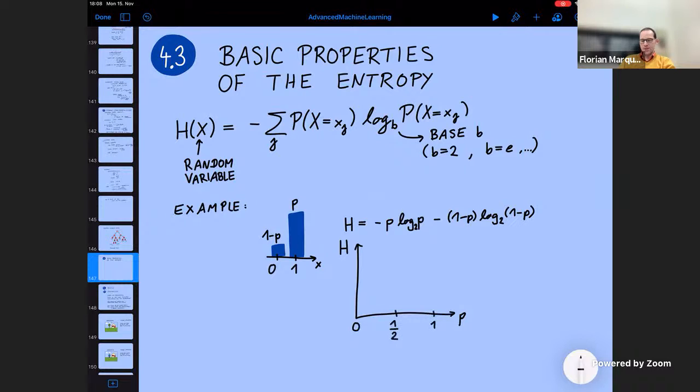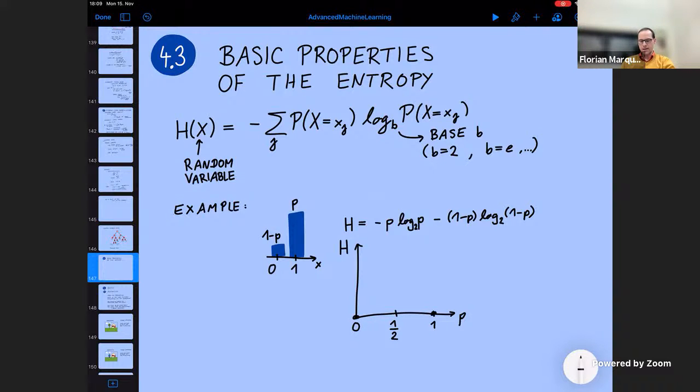It's obvious for the second term because 1 minus p is then 1 and the logarithm of that is simply 0. It's not so obvious maybe for the first term, p log p. When p goes to 0, the logarithm explodes, the p goes to 0, so which one wins? Well, in fact, the logarithm is so slow that it still goes to 0. So we have 0 both at p equals 0 and 1.